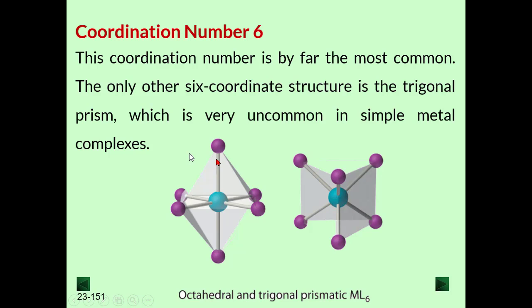And the other is a dome shape, or simply pyramids. One pyramid is from the above and the other pyramid is below. So this is a trigonal prism, and this is octahedral in shape.